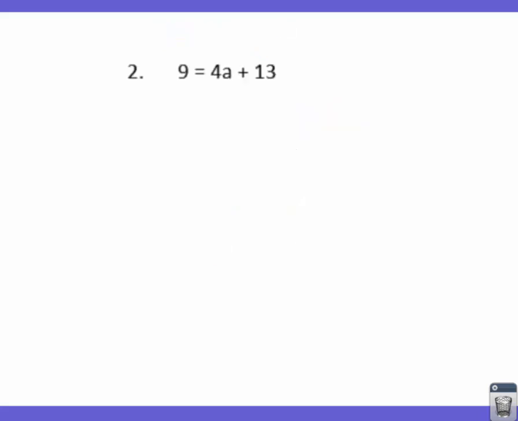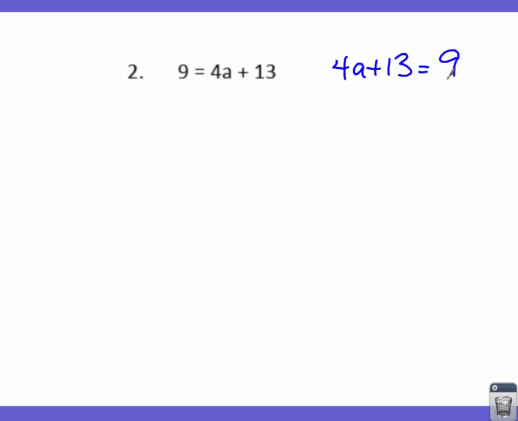So, number 2. The only thing that was different was that the 4a is on the other side. Now, there are several ways that you could work this one. I choose to work it just like this. But because of this equal sign right here, you can flip-flop these two sides if you so choose. So you could write this as 4a plus 13 is equal to 9, and it would say the same thing.